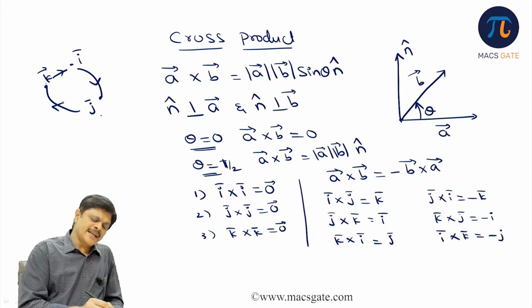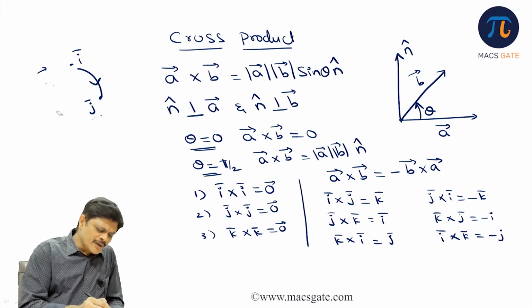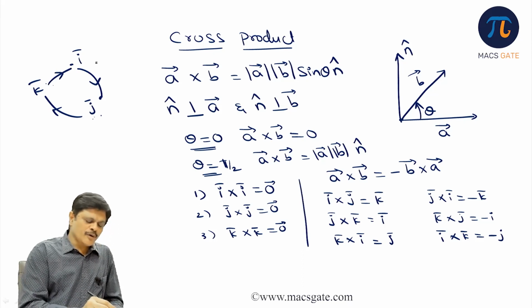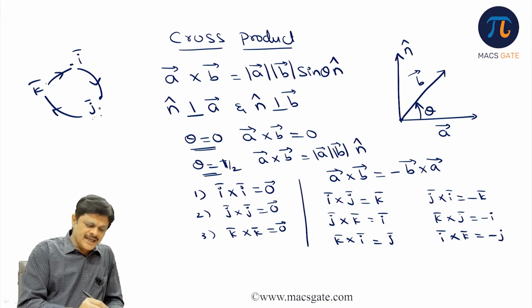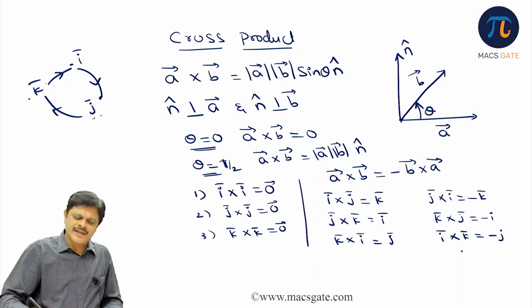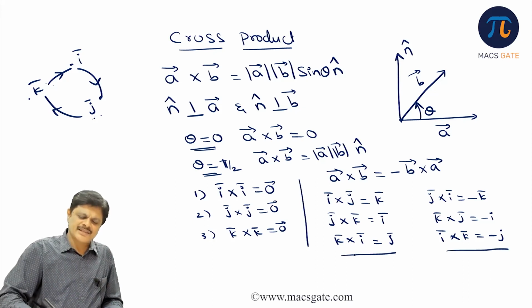But when you go in the anti-clockwise direction, i cross k is minus j bar, and k cross j is like this. Draw it properly and you will understand better. This is i, j and this is k bar. When you move clockwise, you get a positive value. When you move anti-clockwise, you get a negative. Like this, we can remember these results.